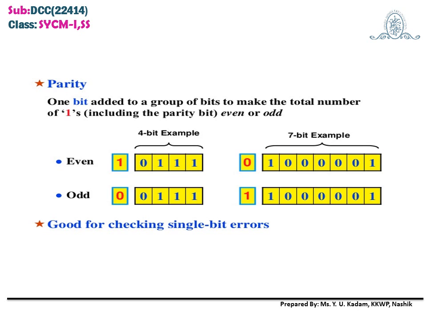What do we mean by even parity? If we combine all the bits including the parity bit, and the number of ones is even, it is treated as even parity, and if the number of ones is odd, it is treated as odd parity.